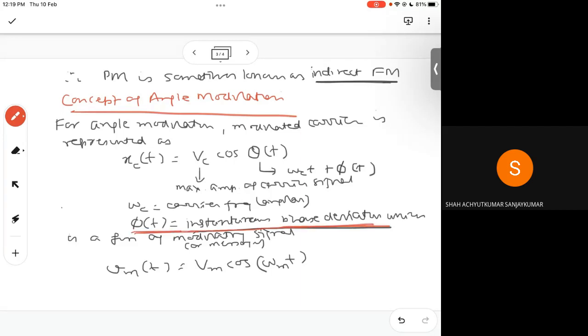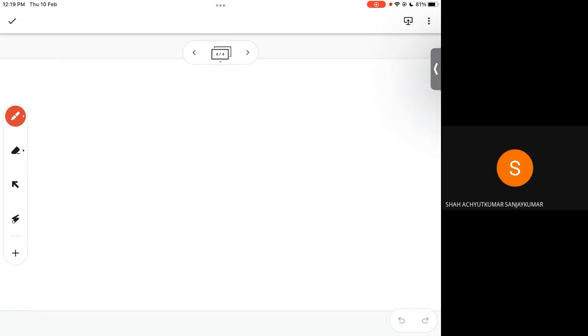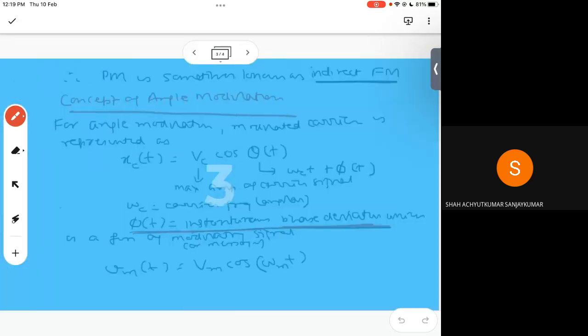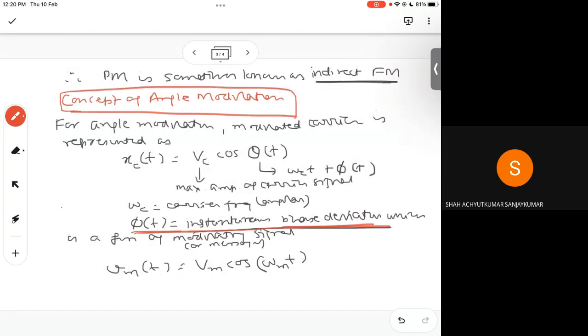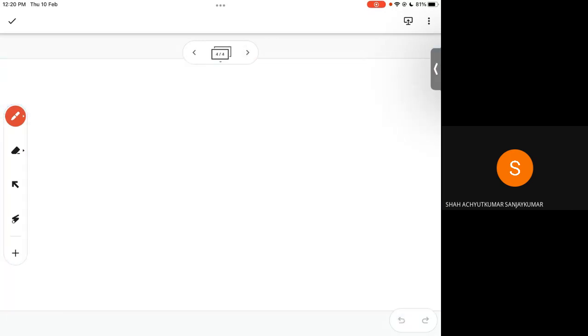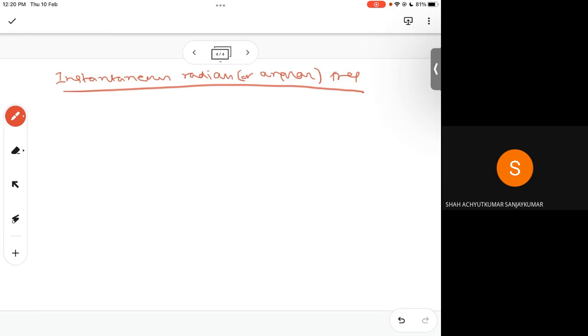Now we talk about how phase and frequency are related to each other, radian frequency, or angular frequency, or simply frequency.